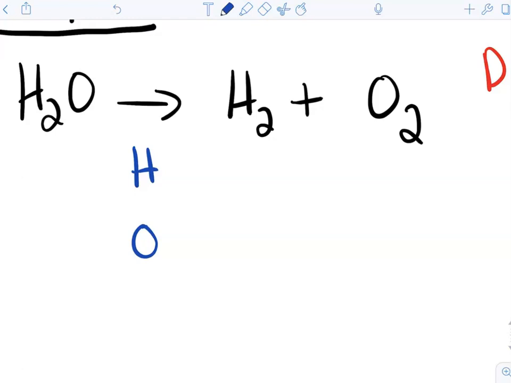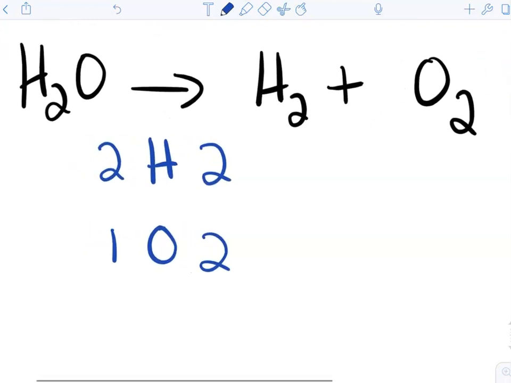Then we're going to tell how many of each we have on both sides of the arrow. For the reactants, we have 2 hydrogens, 1 oxygen. For the product, 2 hydrogens and 2 oxygens. My goal with balancing is to make the numbers on either side of my element be the same. So we're going to put in coefficients, which allow us to multiply.